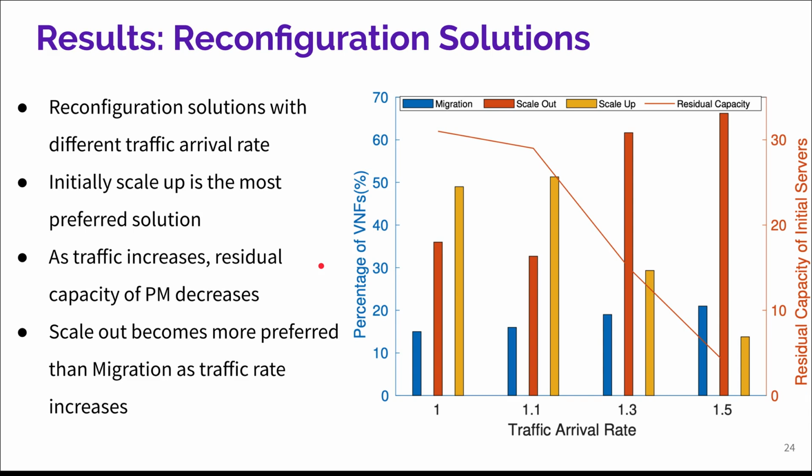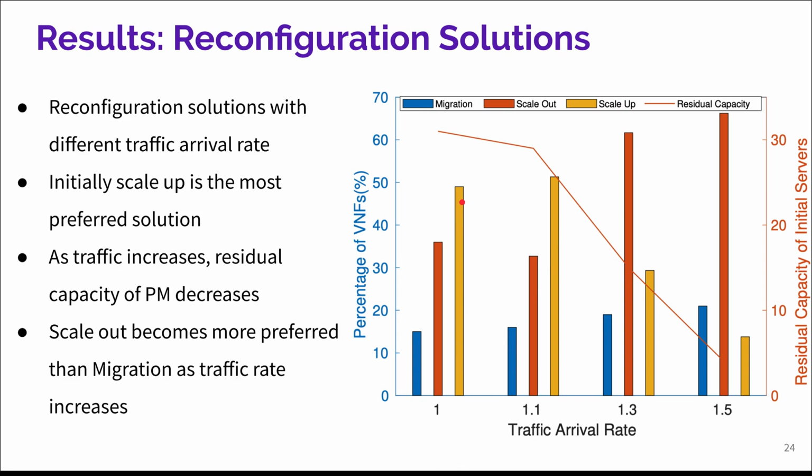In the first result, we are trying to show you the percentage of reconfiguration solutions, that is the output of our ILP problem. In the x-axis, you can see the traffic arrival rate increases. In the y-axis, we show you the percentage of VNFs that are reconfigured, like migration, scale out, and scale up. In the initial traffic arrival, you can see that scale up is the most preferred choice by the ILP solver.